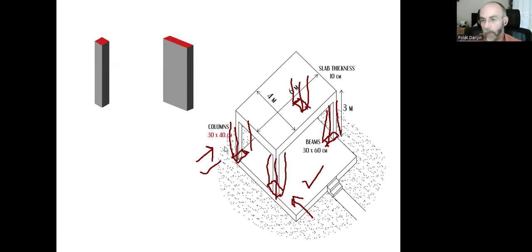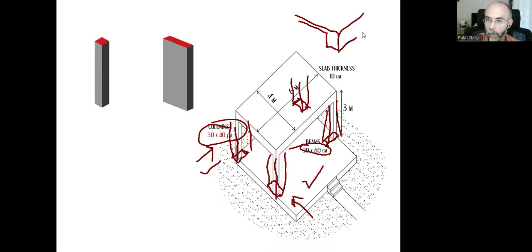So this is my final decision for the columns and their positions, and my final decision for the beams. There's going to be a slab like this with 10 centimeter thickness, and at the ends of the slab, on all sides, there will be a reinforced concrete beam like that, and it will also be rounded. The thickness of the beam will be 30 centimeters, and the height of the beam will be 60 centimeters because of that 6 meter span.